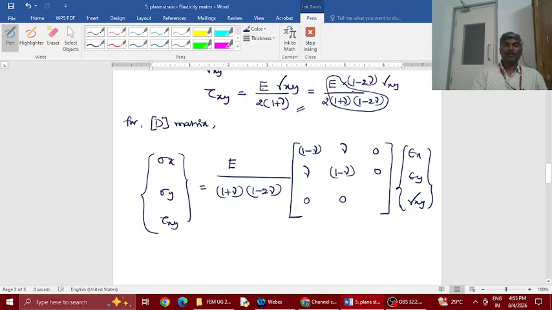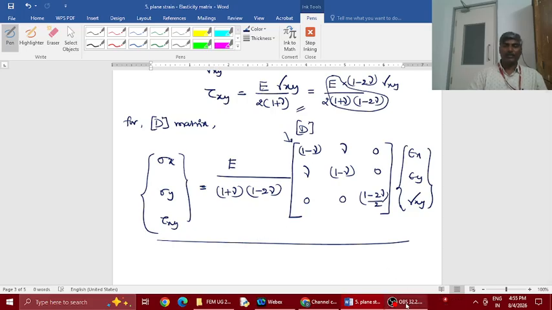What is remaining is 1 minus 2 nu by 2, into gamma xy. So this is the matrix form to be evaluated for the plane strain problem. And this relation we call the elasticity matrix or constitutive relation for plane strain condition. Okay, thank you. We'll be back with the next session.